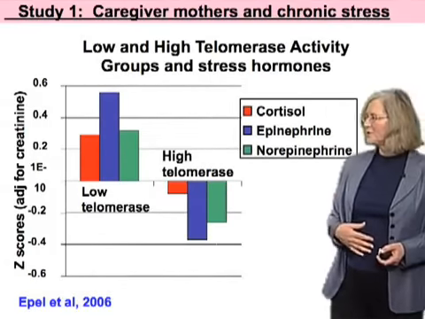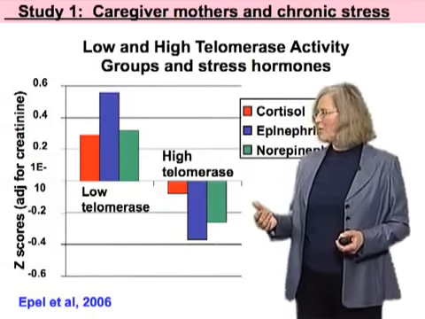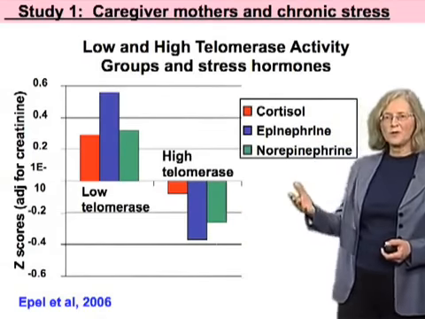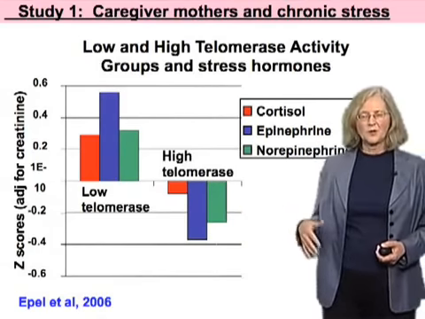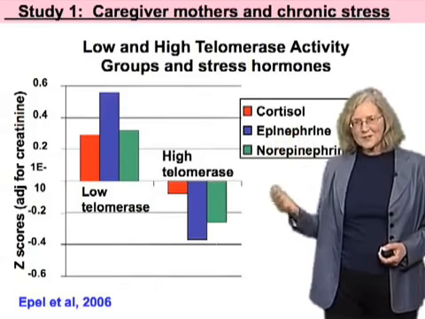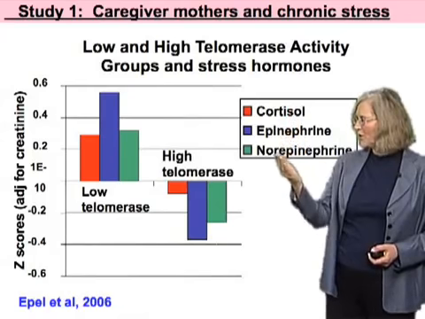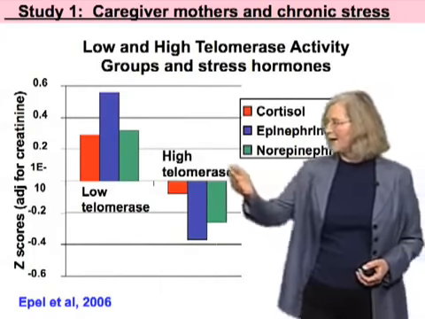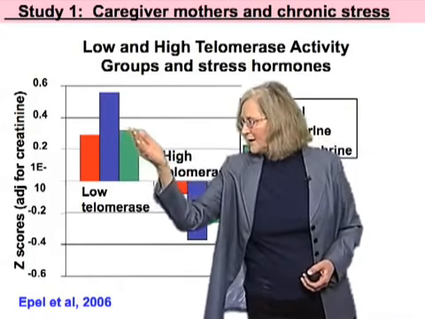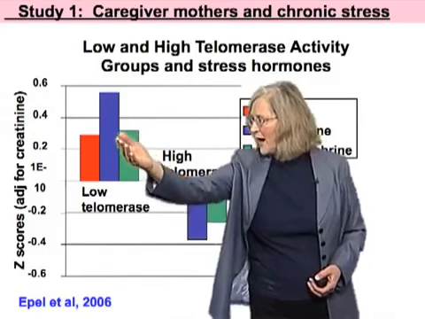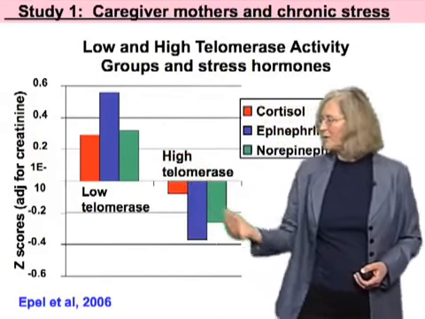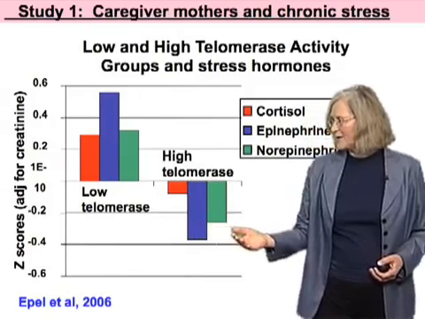In such individuals, when their stress hormones were measured, so these are stress hormones that are produced in response to the brain dealing with this chronic stress situation, cortisol, epinephrine, norepinephrine levels are higher in highly stressed individuals. They are also higher in the low telomerase half of people than in the high telomerase half of people.